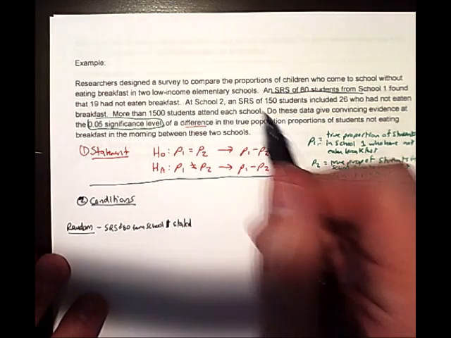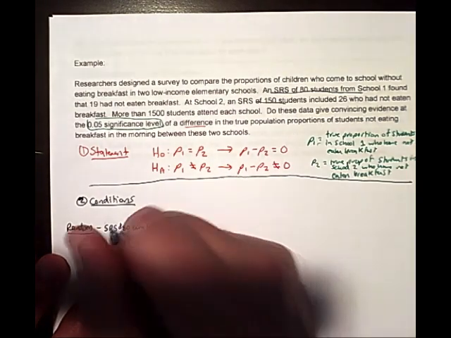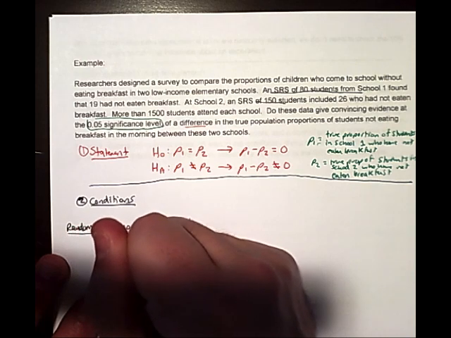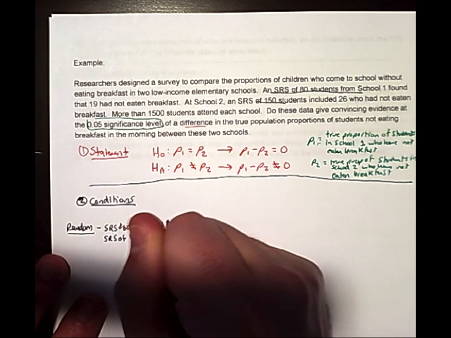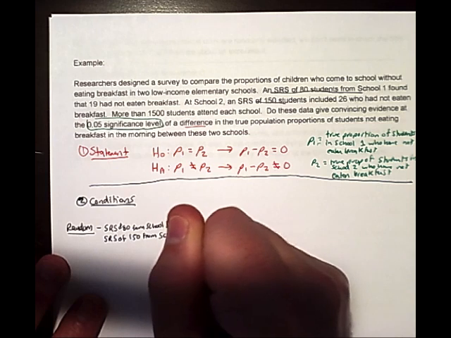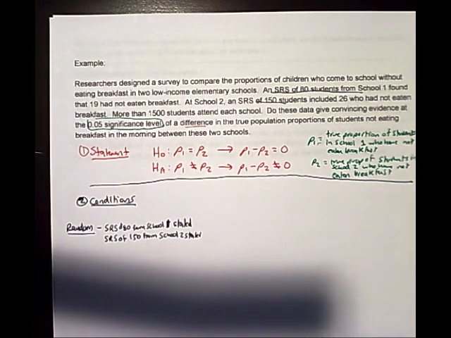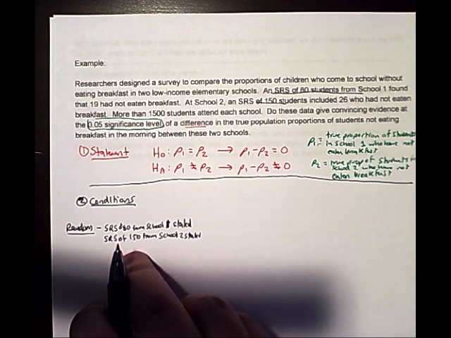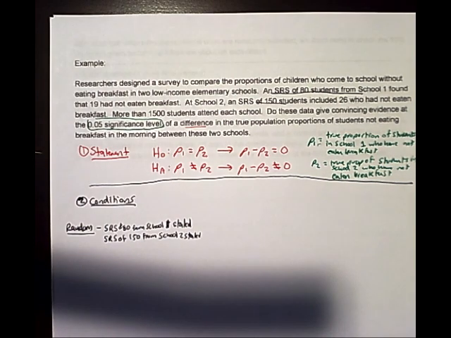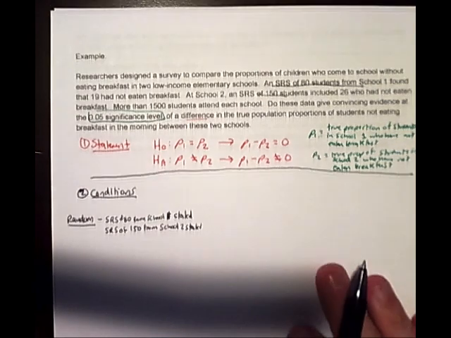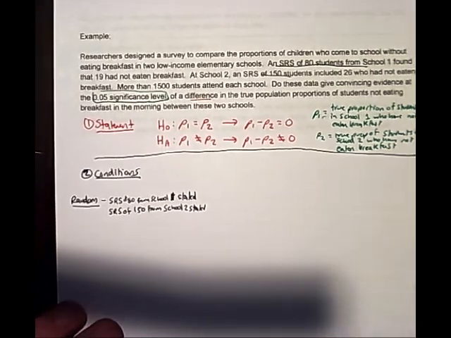And at School 2, an SRS of 150. Now, if for some reason they do not tell you that it's random, just write that you assume both samples were random. You don't want to stop the test just because they didn't put that in a question. Assume it and move on. All right, so that's the random.